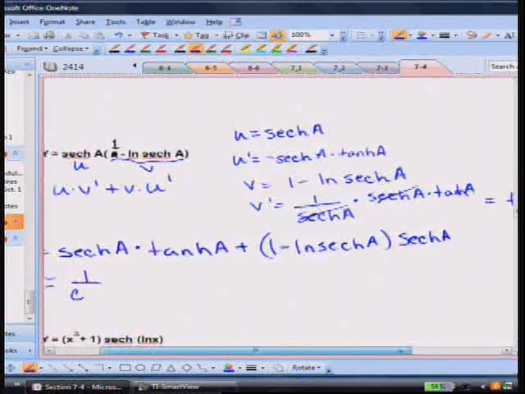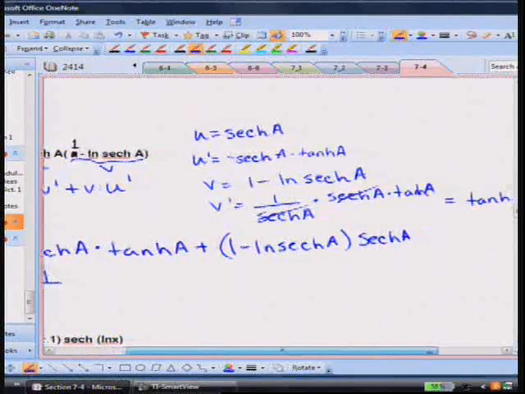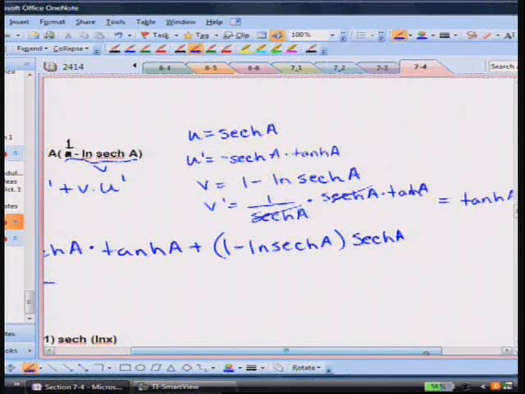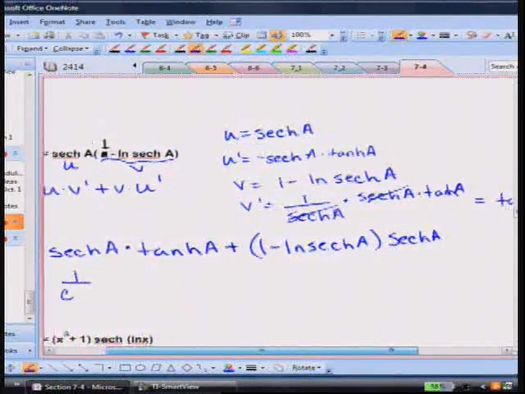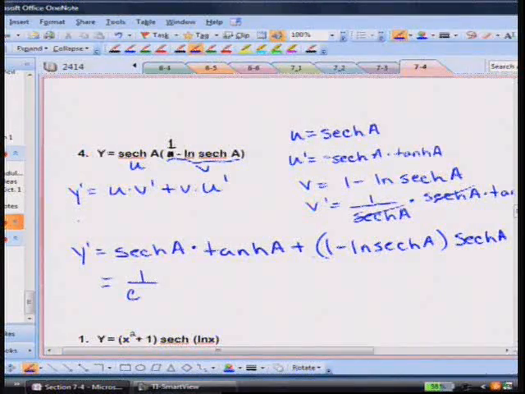Because I'm looking at the solution. It looks a little bit like that, and then it's that over that. 1 over the secant of a, the tangent. And so this is u times v prime plus v times u prime. All right. I'm sorry, hold on just a second. I'm looking at what they did.